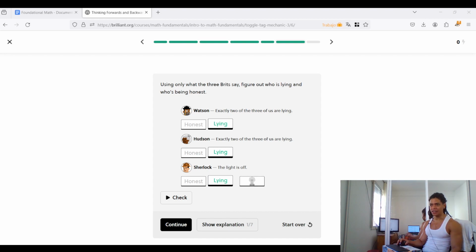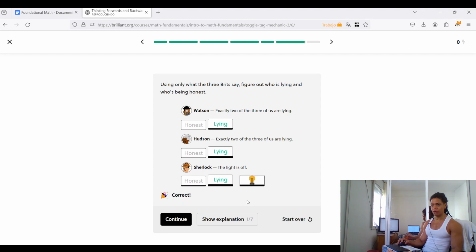So what they're saying is a lie. And if what they're saying is a lie is true, then Sherlock, based on this premise, must not be honest, so must be lying, so the light is on after all. Holy hell.